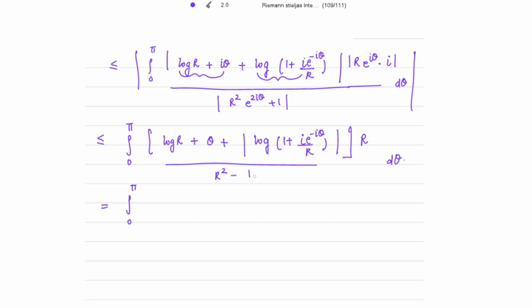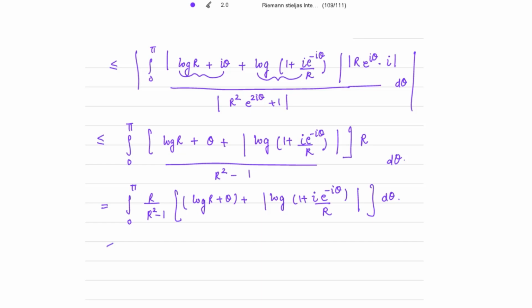This r over r square minus 1 I'm taking outside, and the bracket log of r plus theta, and then this modulus log of 1 plus iota e to the power negative iota theta over r mod d theta.